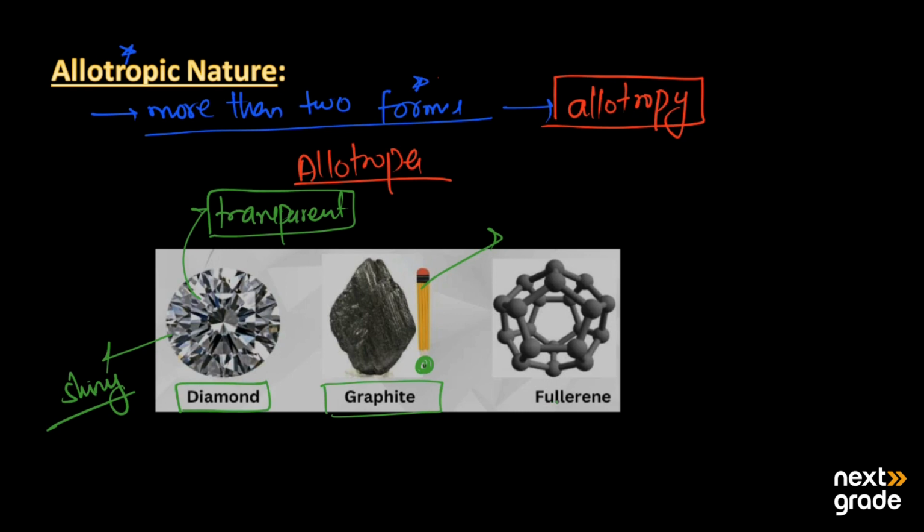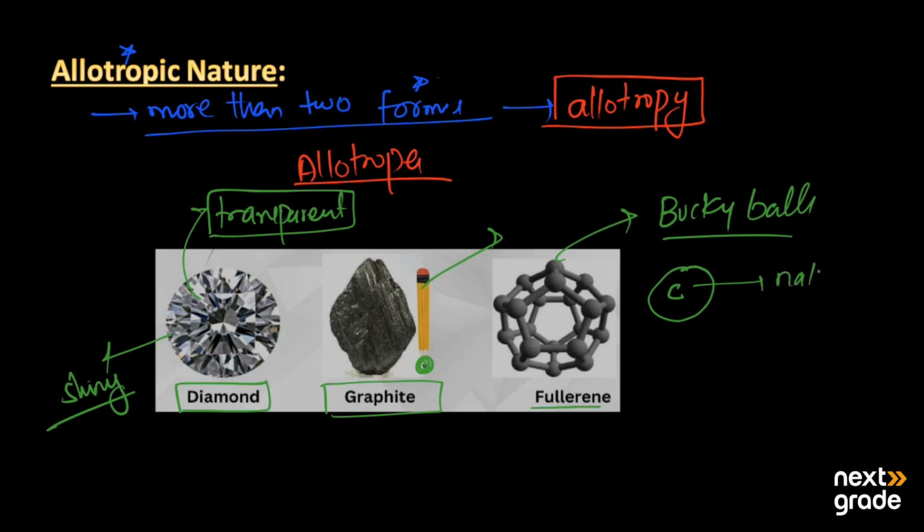Its third allotropic form is fullerene, which is also known as buckyball. All these three allotropic forms are made up of carbon, but they have different arrangements of carbon atoms, so their nature and hardness are different.